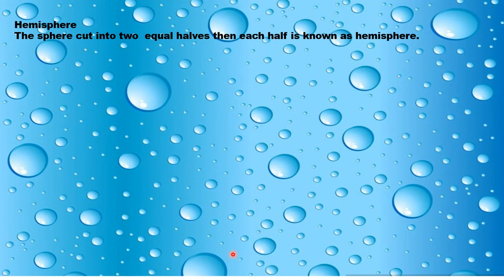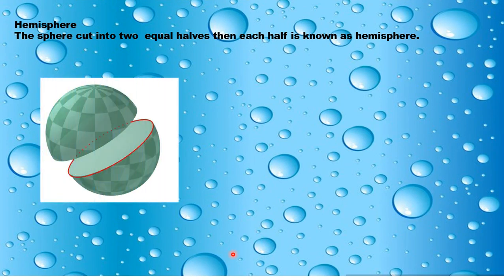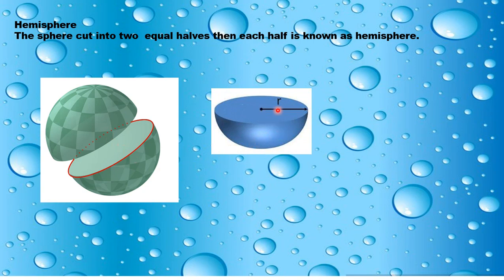Now when we cut the sphere into 2 equal halves, we get the figure known as the hemisphere. Each part is known as a hemisphere, where this is the radius from the center of this circle to the boundary of this circular region of the hemisphere.